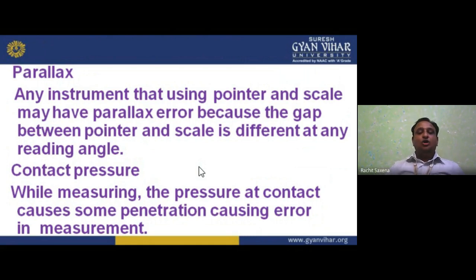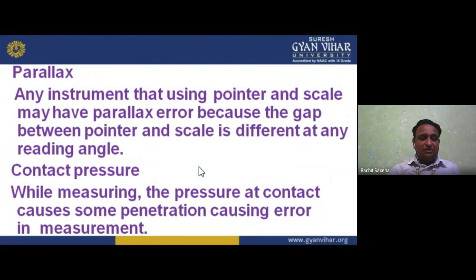For example, analog measuring instruments have full scale deflection, pointer, deflecting torque, controlling torque, all these things. The gap between the pointer and scale is different at any reading angle, so we get this parallax error.